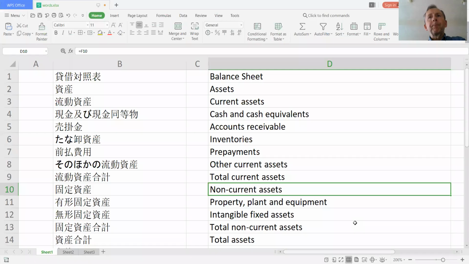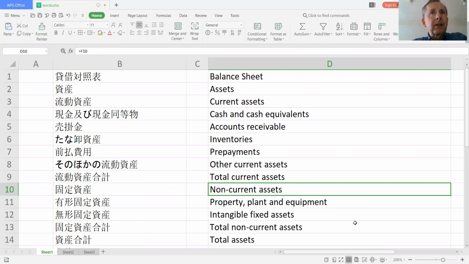In this video, I'd like to talk briefly about the meanings of the words you'll find on the asset side of a balance sheet. So let's look at one right now. Okay, a balance sheet on the asset side.